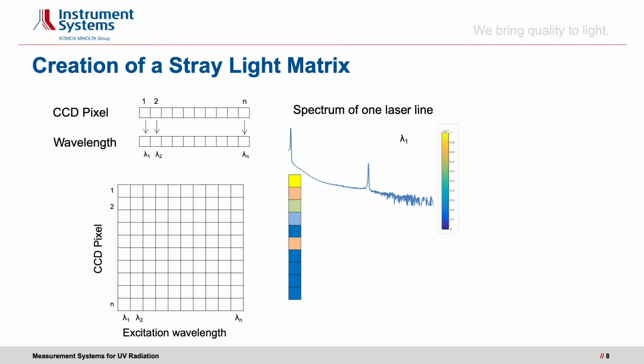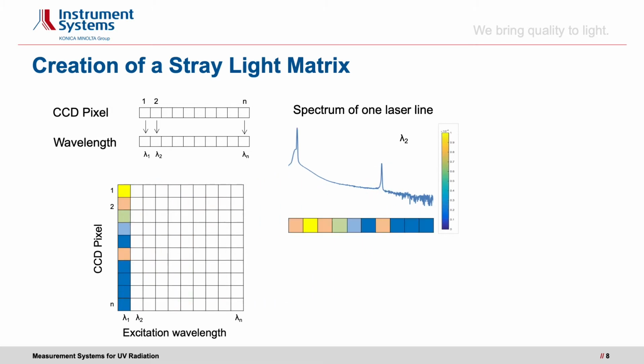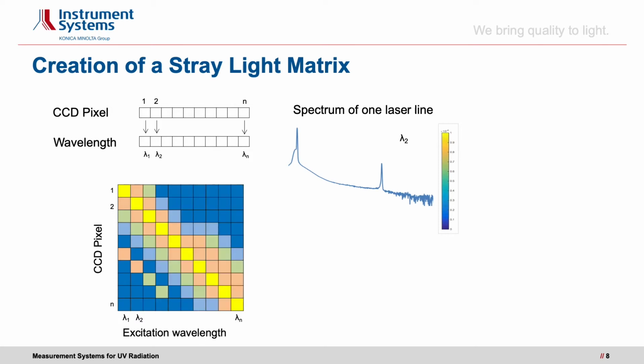So tuning the laser to the next wavelength, lambda 2, the second pixel will obtain the most of the signal, and the rest is the stray light, which we put again here in the matrix and continue tuning the laser for all the wavelengths up to lambda n.